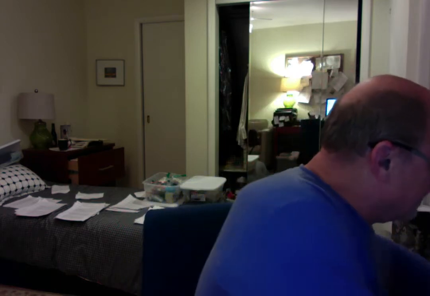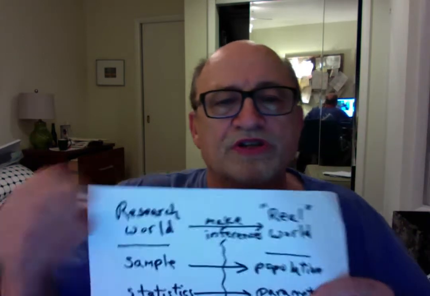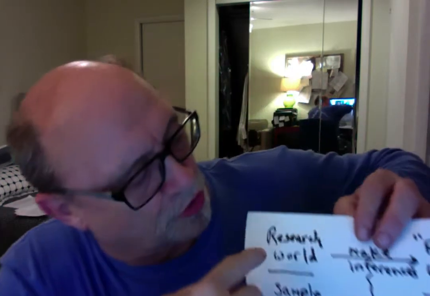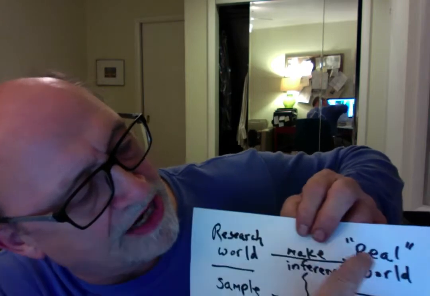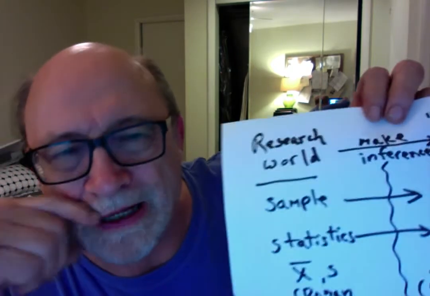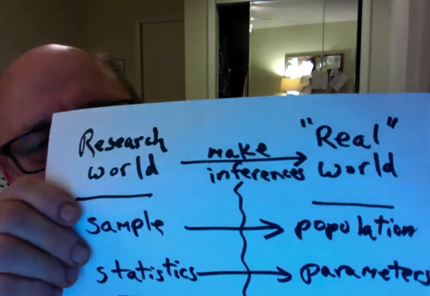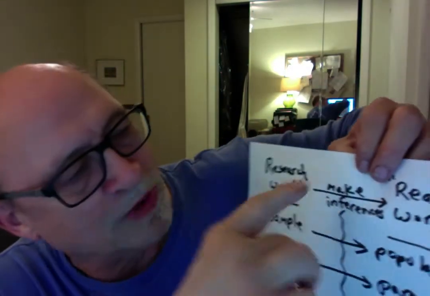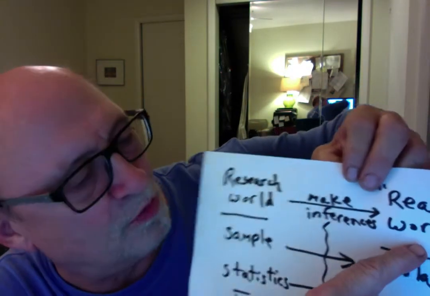Now, some of the jargon that we use to decide sampling. What we do is we take, and I have here a chart that has this information. We're sitting out here in our research world, and we're trying to figure out what's in the real world. That's the large population out there in the real world. So we can't do the whole real world, that whole population.